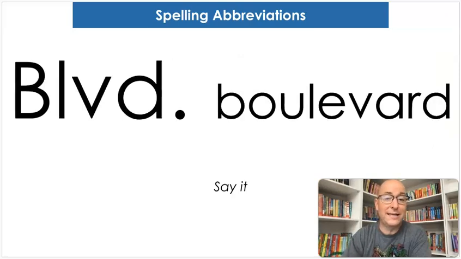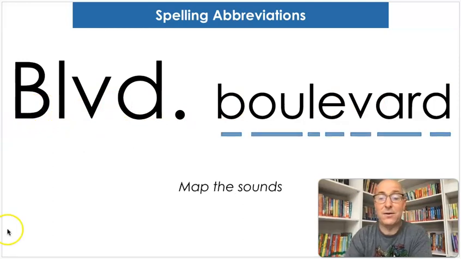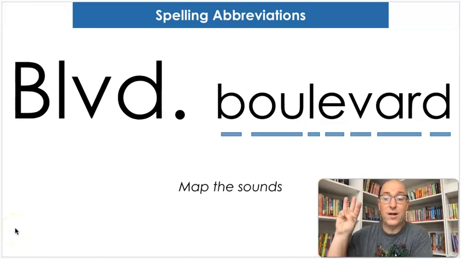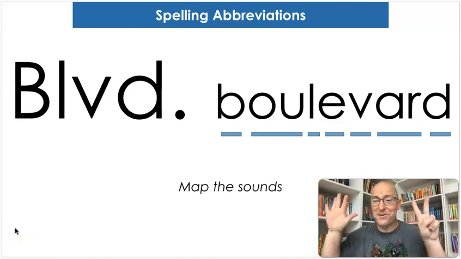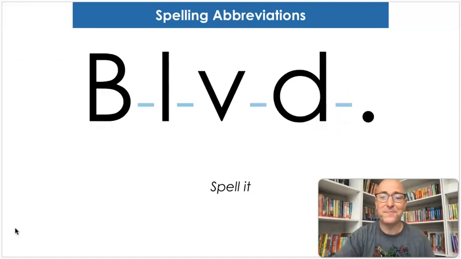Our next one is boulevard. Say boulevard. That's an interesting word. Of course, remember, this is one of the ones we actually say the whole word, but when we abbreviate it, we can shorten it. It's capital when it's with a street name, when it's an actual name. Map the sounds. B, O, L, V, R, D, boulevard.